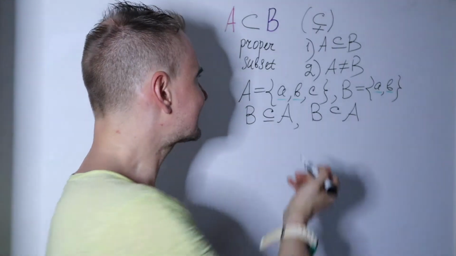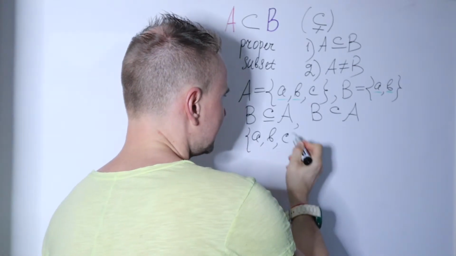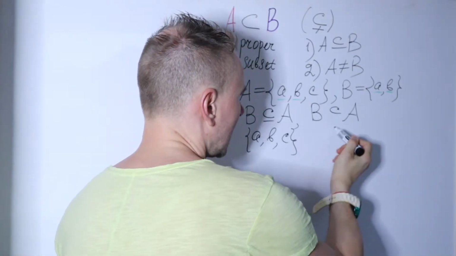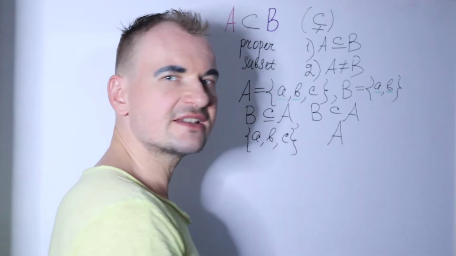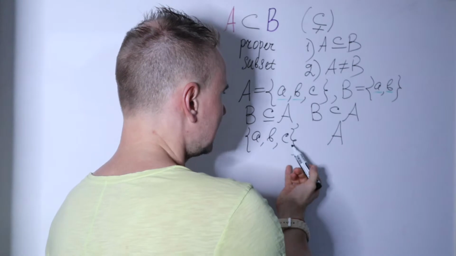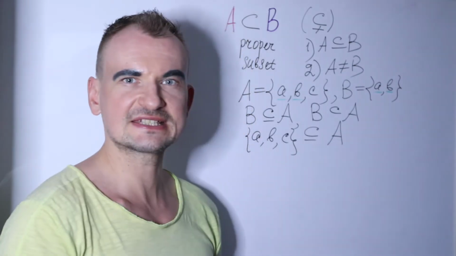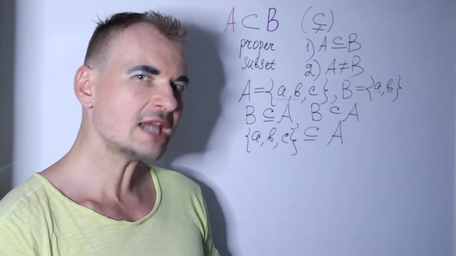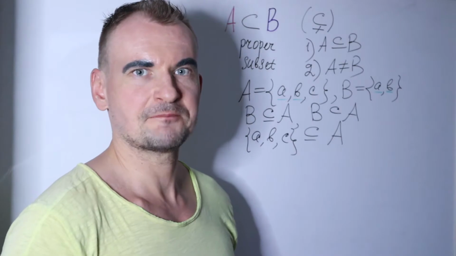Now, if you take the set containing a, b, c and compare it to set A, you would say that this set is a subset of set A, because basically it's the same set.